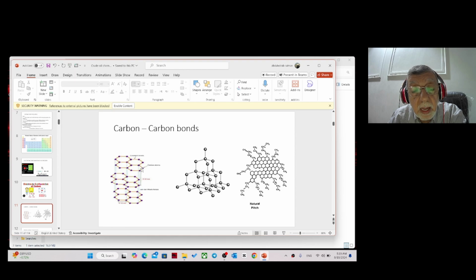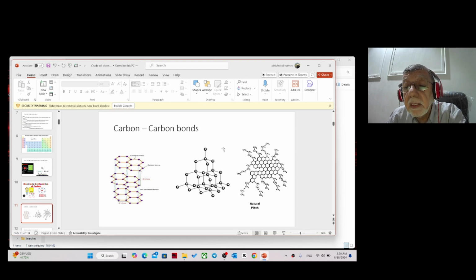This bond, as we know, is called a covalent bond. So this is the structure of carbon-carbon atoms. This is also another structure for carbon-carbon atoms. And we have 3 types of structure for carbon-carbon atoms only, like coke, graphite and diamond.